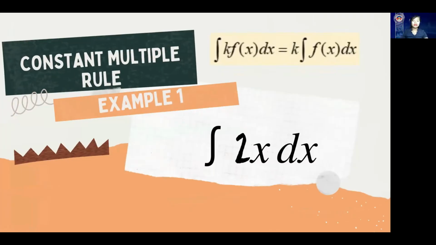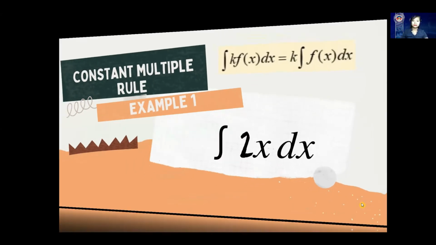First, let's have the example under the constant multiple rule. Under the constant multiple rule, we're going to follow the integral of k f of x dx is equal to k integral of f of x dx. So for our first example, we have the integral of 2x dx.